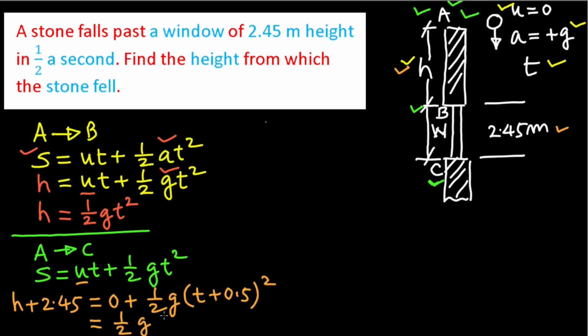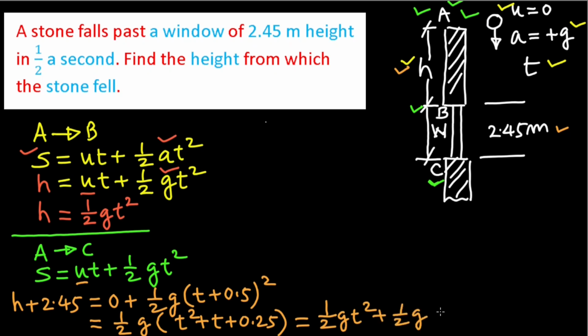Expanding the bracket, we get t square plus t plus 0.25, which will be half gt square plus half g multiplied by t plus 0.25.